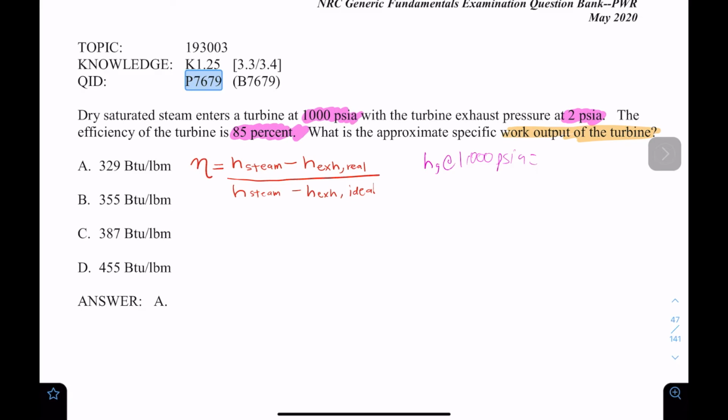I will go to page number 20. Saturated steam is giving me 1192.6 BTU per pound mass, right? And that's going to be for the steam. So I got that one, okay? Now what else is it giving me? I have this 2 psia there.